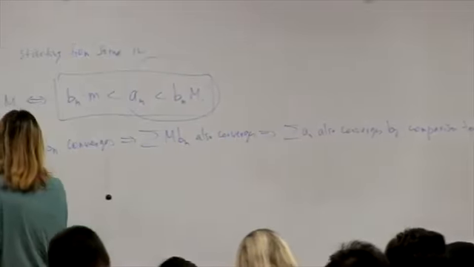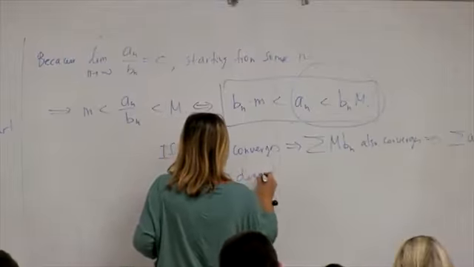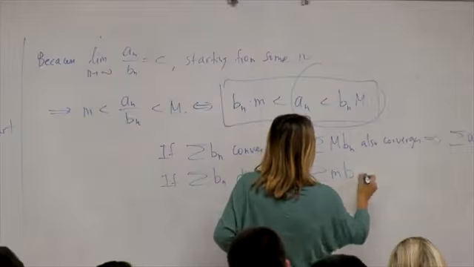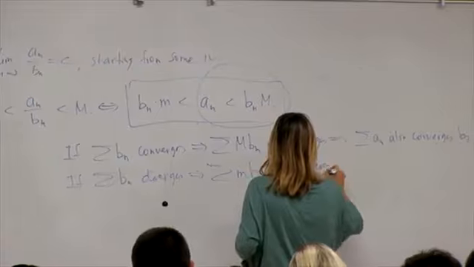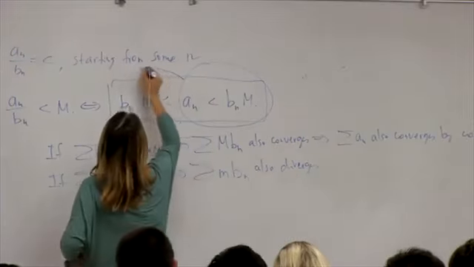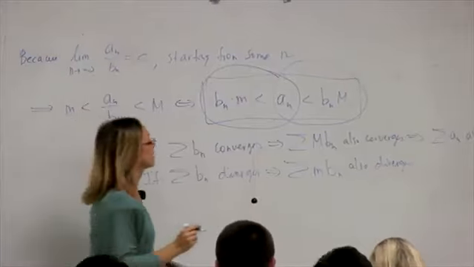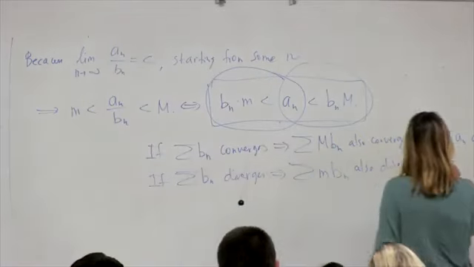Okay? On the other hand, if bn diverges, then so does m bn. It also diverges. And now I'm going to use the left-hand side of this inequality. An is bigger than this. It's bigger than something that diverges.